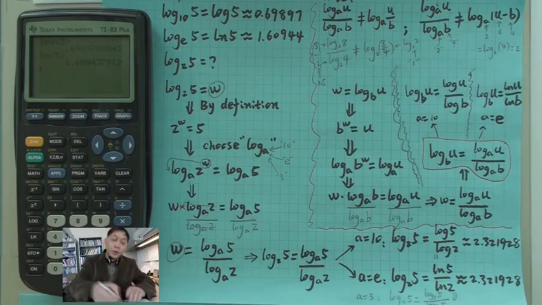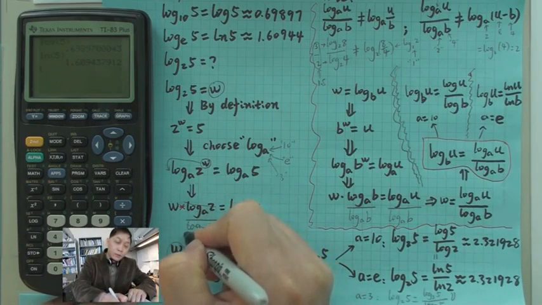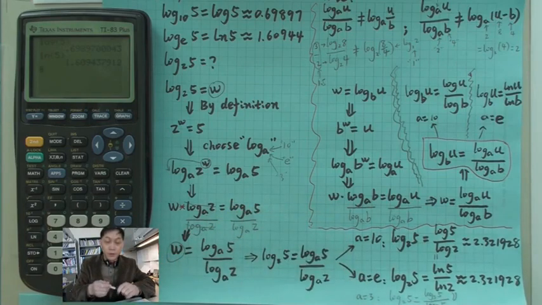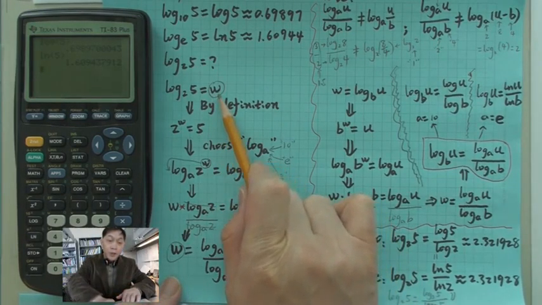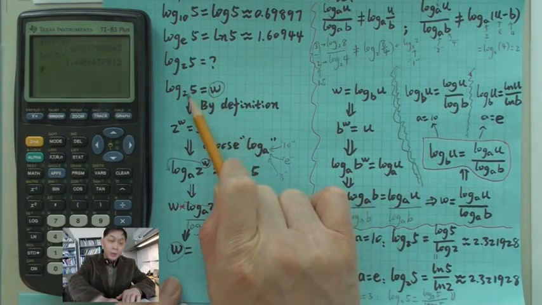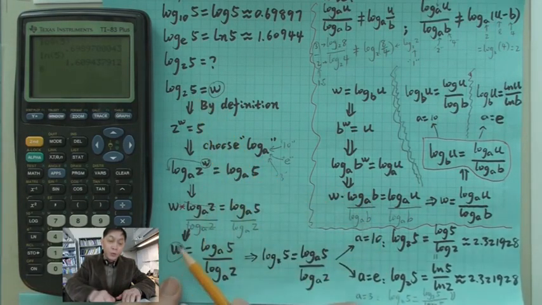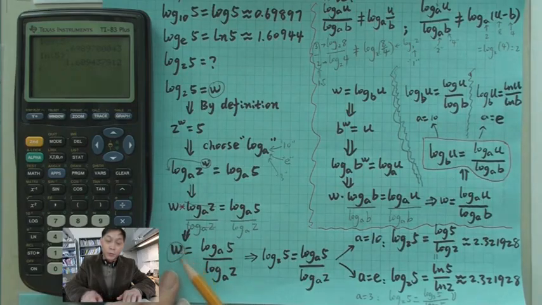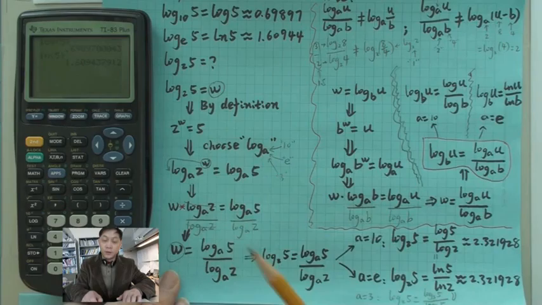Okay, good. Now recall what was our w? The w here is this number, that's log base 2 of 5. So instead of putting w, you put log base 2 of 5.